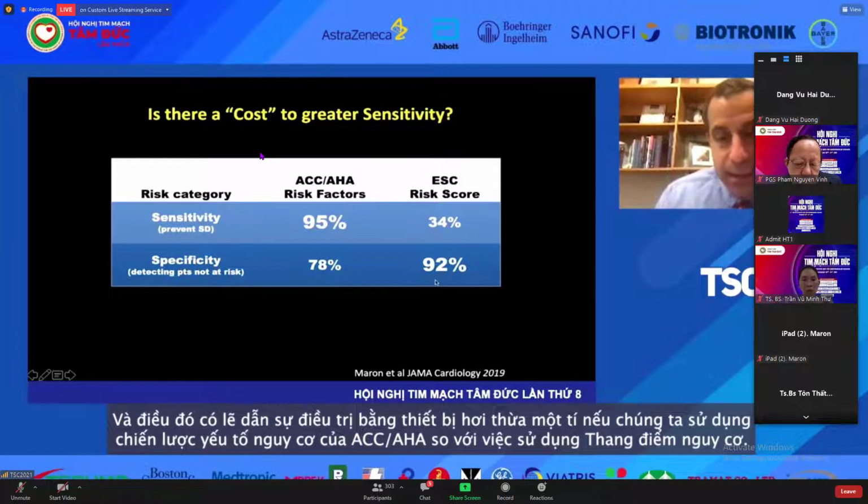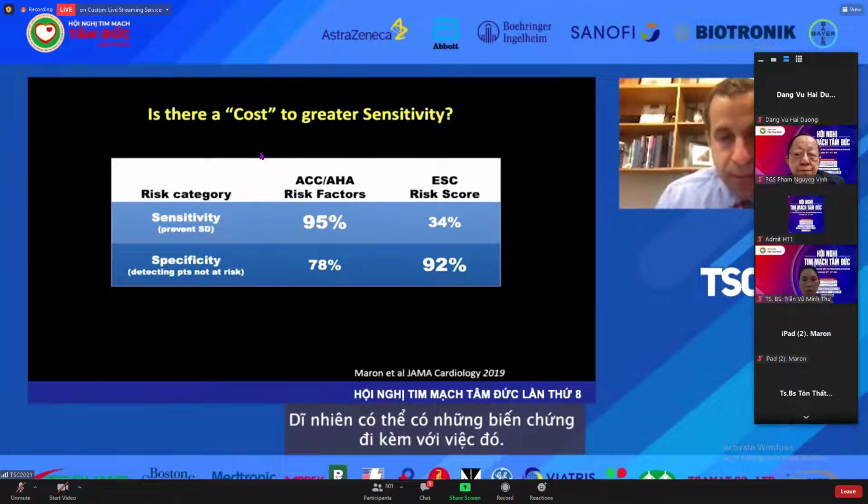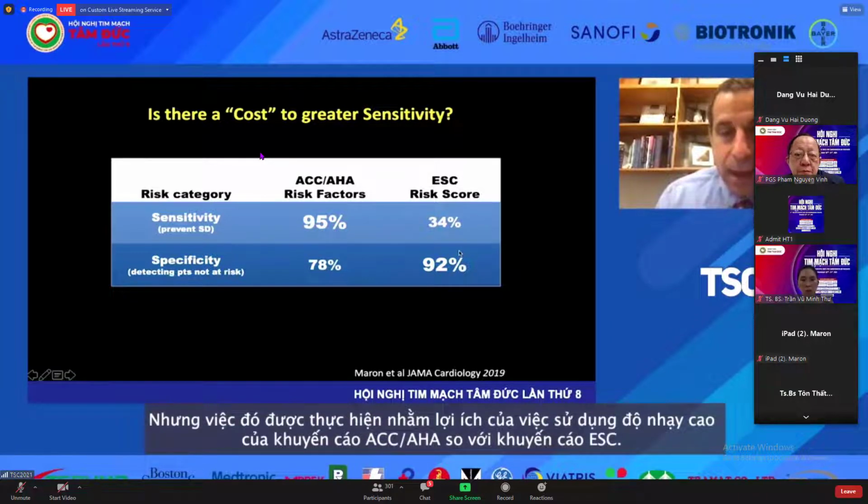And that translates into perhaps a small, modest overtreatment of devices if one uses the ACC-AHA risk factor strategy compared to the risk score. Of course, there's potential complications that could come with that. But that is being done, again, at the benefit of higher sensitivity for the ACC-AHA versus the ESC.